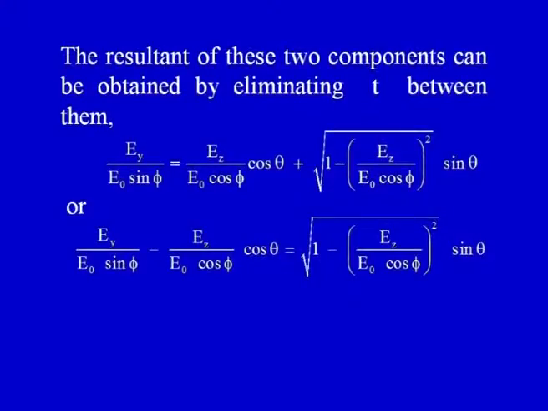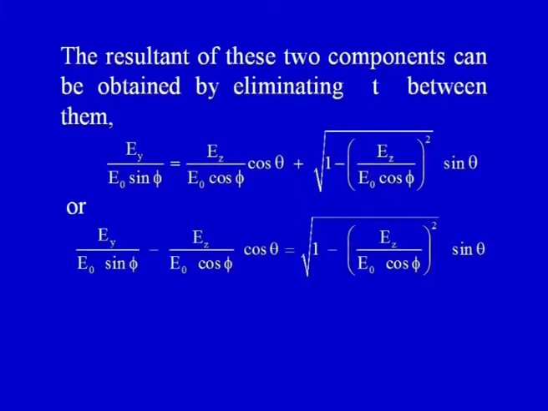The resultant of these two components can be obtained by eliminating t between them, and that gives E y upon E naught sin phi is equal to E z upon E naught cos phi times cos theta plus the square root of 1 minus (E z upon E naught cos phi) squared times sin theta.